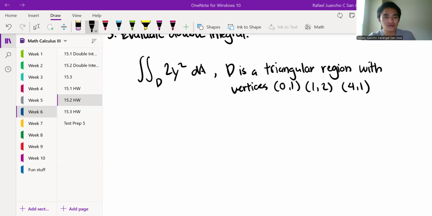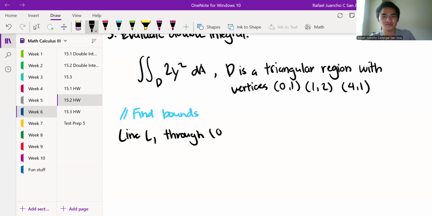So, okay, let's find the line through (0, 1) and (1, 2). What's that going to be? Same idea. For the line, we'll just call it L1, and it passes through this point and this point.